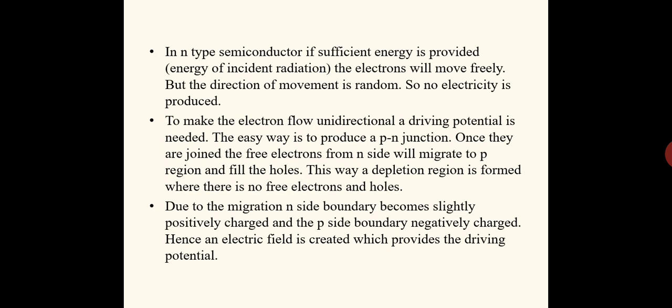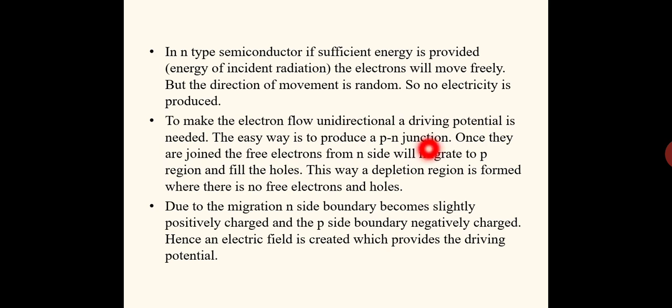So similarly, if the incident radiation is able to provide some energy, then the electrons will move freely, but the direction of the movement is random. See, if you think about the N-type semiconductor only, if the radiation comes and hits it, this will give energy to the free electron, so that the free electron can move freely within the lattice.